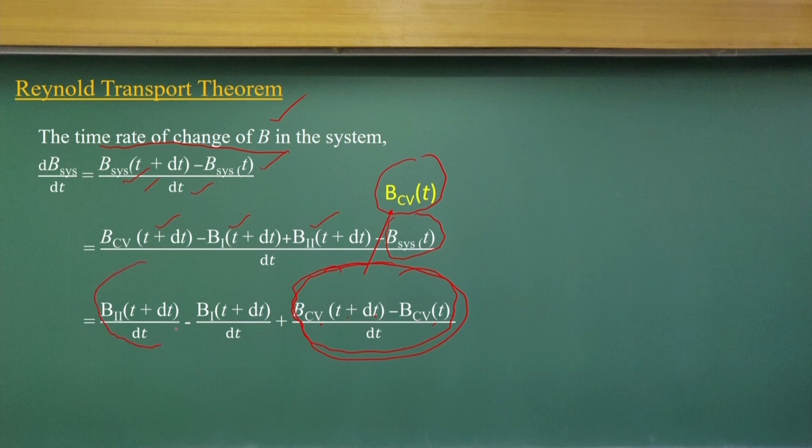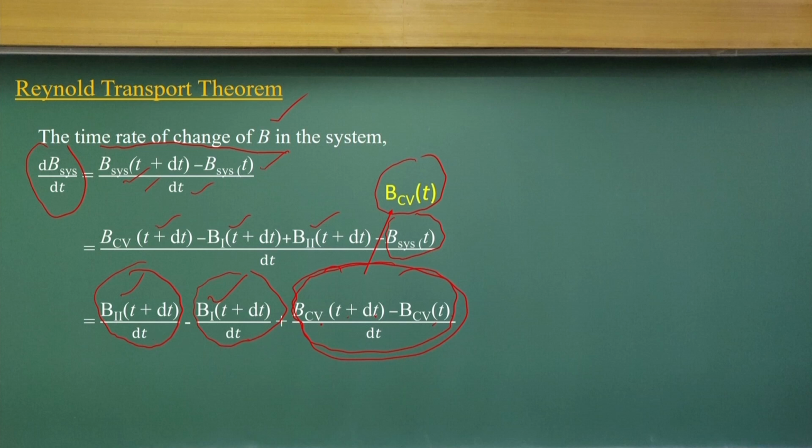And we have 2 other parts, which represent the influx and the outflux regions, region 2 and region 1, at t plus delta t by dt, for B 1 and B 2, which are the different regions, the influx and the outflux regions. So, you can understand that dB by dt at the system level can be componentized into 3 parts.